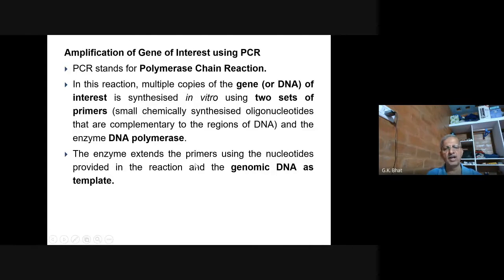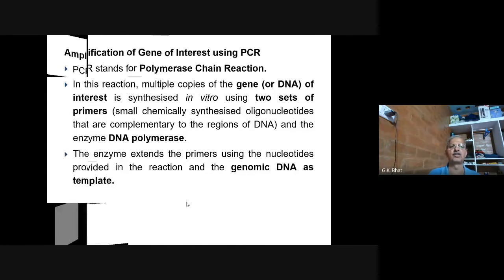The enzyme extends the primer using the nucleotides provided in the reaction and the genomic DNA as a template. Genomic DNA means the DNA present in the original DNA, containing the gene of interest.